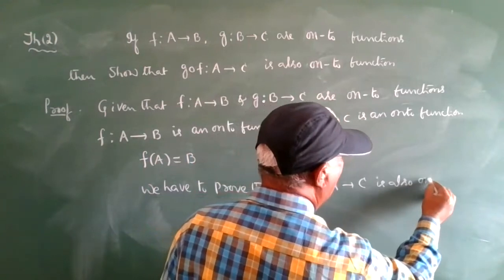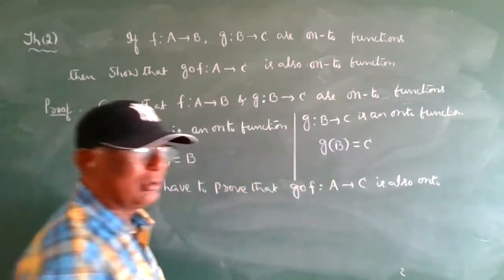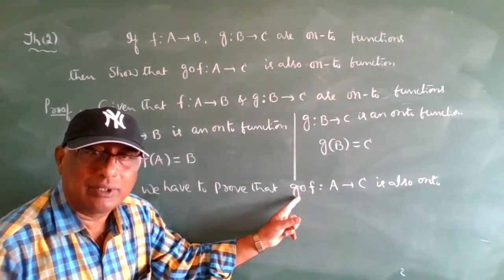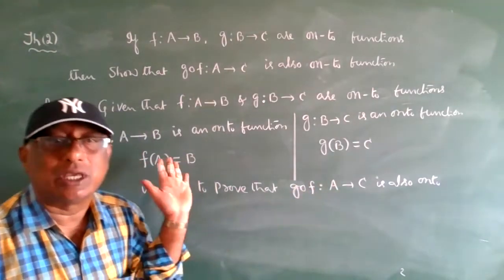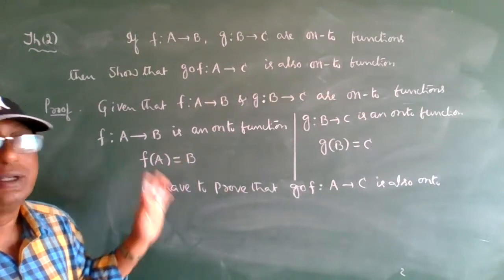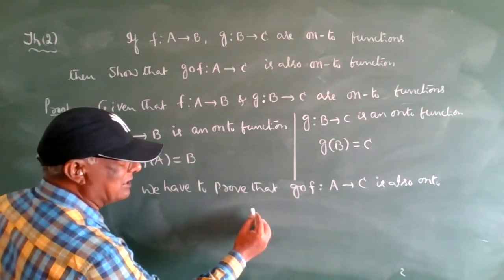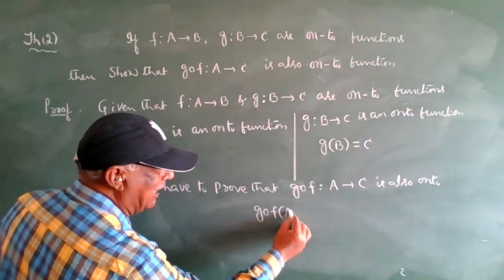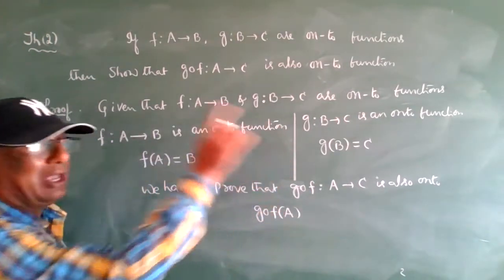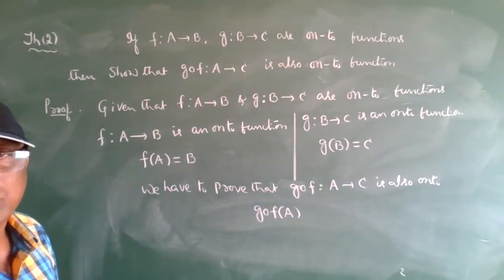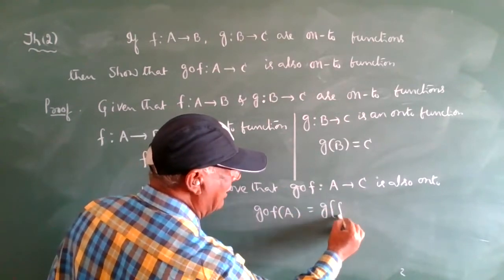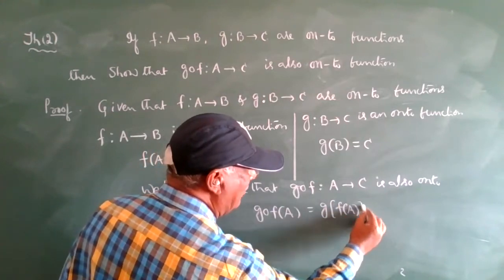How can you prove that? If we can prove the image of A is equal to C, we are finished. I will start. g circle f of A means the image of A is equal to C. So g of f of A. What is the f of A value?